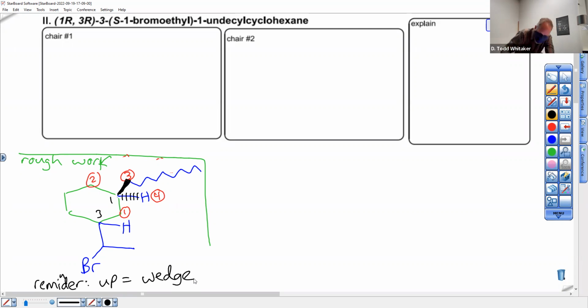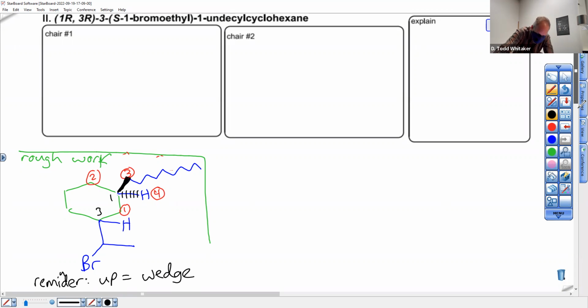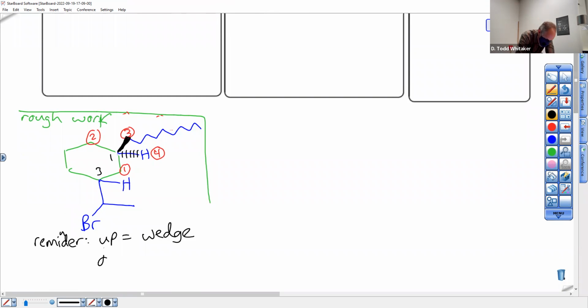This will be your last reminder. Down equals dash. Because when you go to chairs, it's all about ups and downs. It's not about wedges and dashes anymore. Please don't put wedges and dashes on chairs.